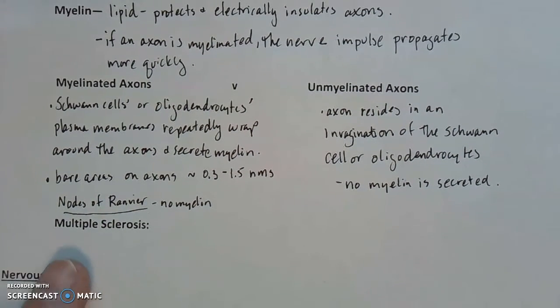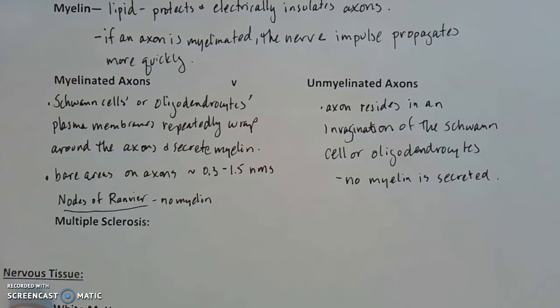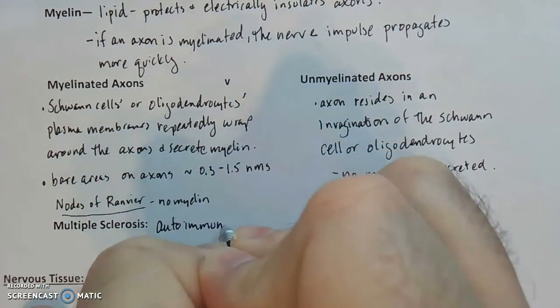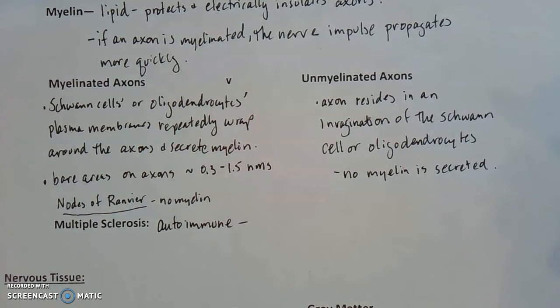And there is a disease that everybody usually hears of as MS. It stands for multiple sclerosis. This is an autoimmune disease. There is no cure for this, but there are some treatments that help lessen the symptoms and extend out the lifetime. But unfortunately, this disease is progressive and it is fatal, but people can live with this disease for a long period of time.